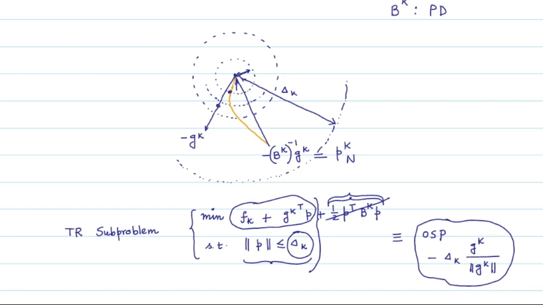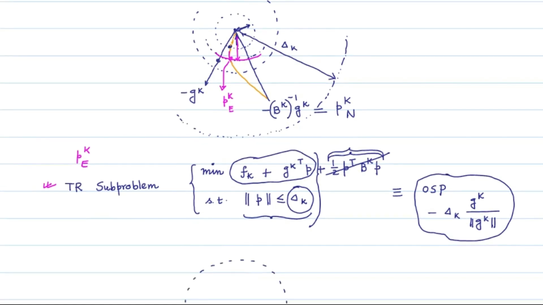Here we notice that the p_k^E point, the exact solution of this trust region subproblem, is the intersection of the boundary of the trust region for a given delta_k with this orange graph. So this intersecting point is the location of p_k exact.